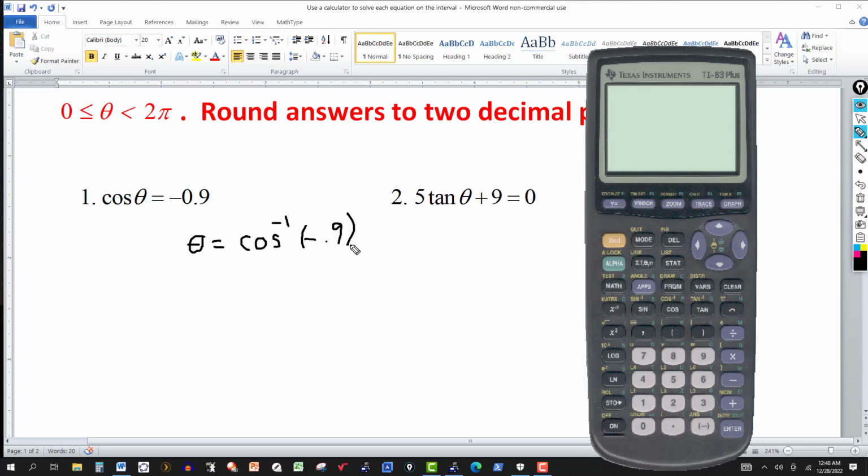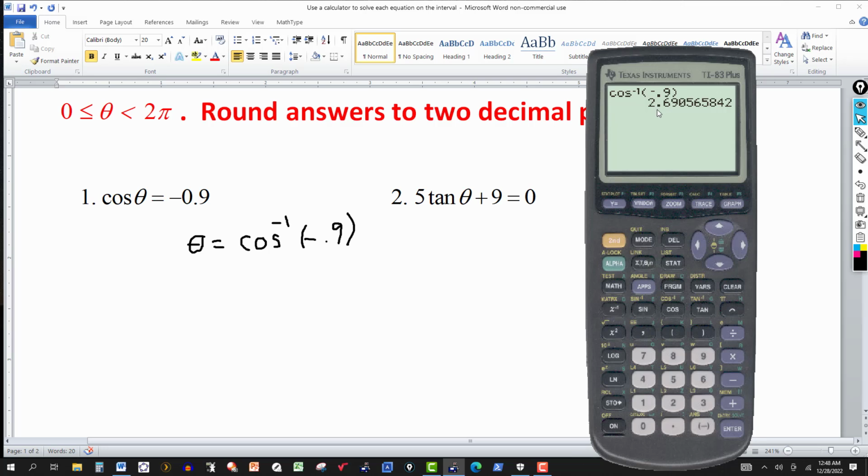We'll do that in the calculator. I'll get my second key and hit cosine inverse and then negative 0.9. Hit enter. I get 2.6905 and so on.